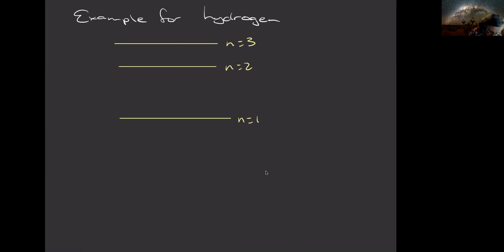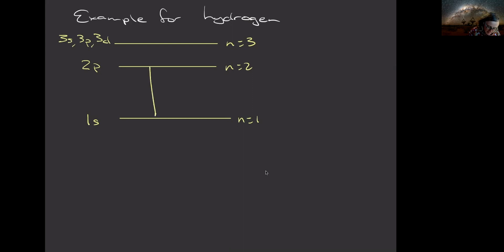And in the ground state, you can have a 1s electron, you can have 2p, and in the n equals 3 state, you could have a 3s, 3p, or 3d.